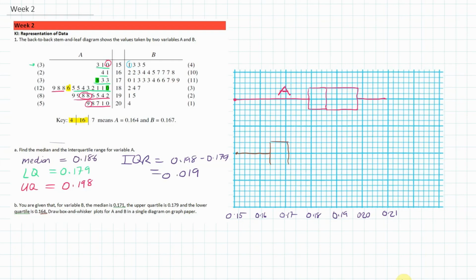Sorry, it's a bit dodgy. You get the general idea. The upper quartile is 0.179, so just there. Again, you guys will have access to a ruler. I'm just trying to do this on the screen. Okay, and then the highest value we have is 0.204.